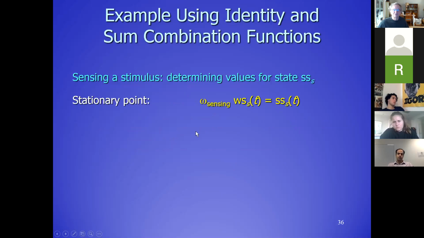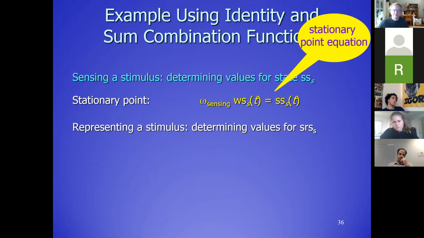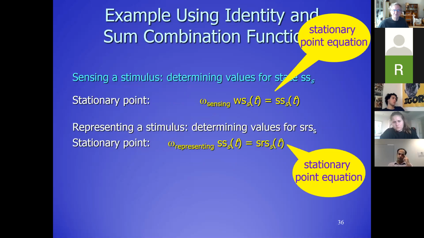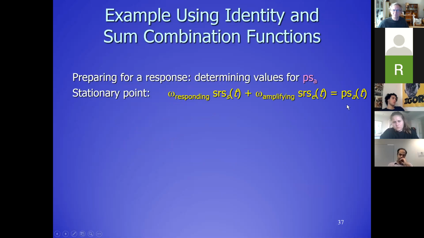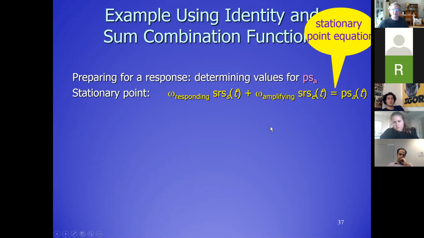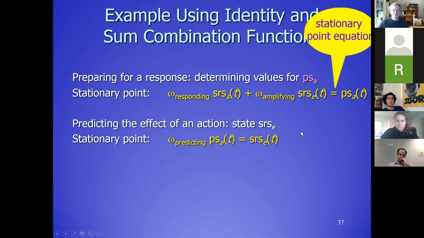So let's consider these equations again. We have this equation for the example, and then this equation for the preparation state, that is a scaled sum of these things. And then you have this equation. So this is the set of equations. These are all linear equations.